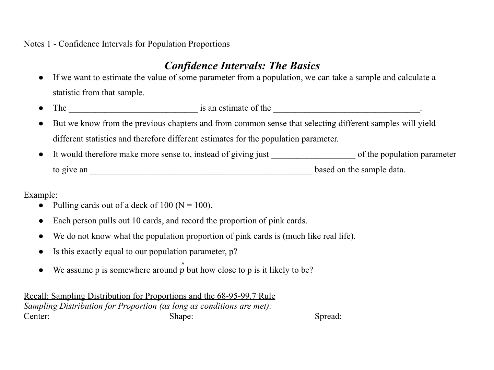If you want to estimate some value of the parameter from a population, you can take a sample and calculate the statistic from that sample. So the sample statistic is an estimate of the population parameter.